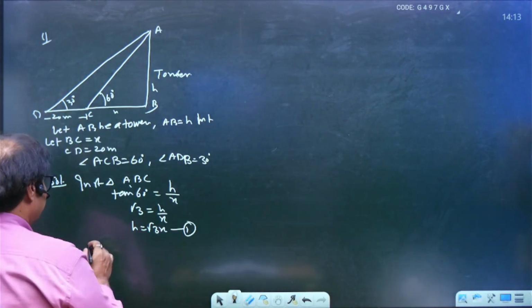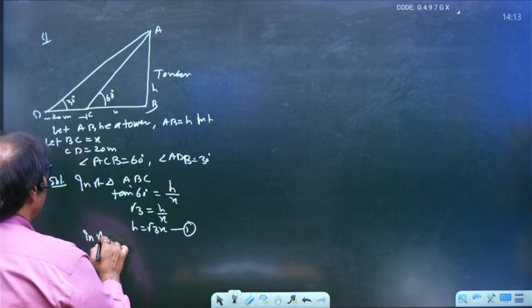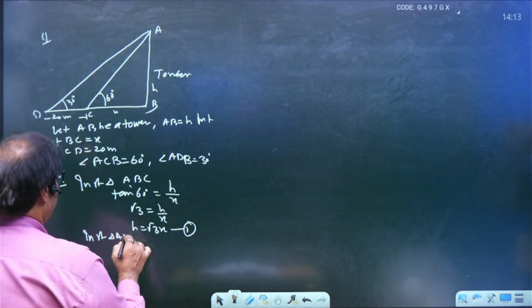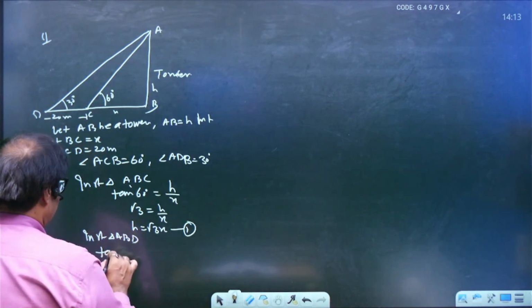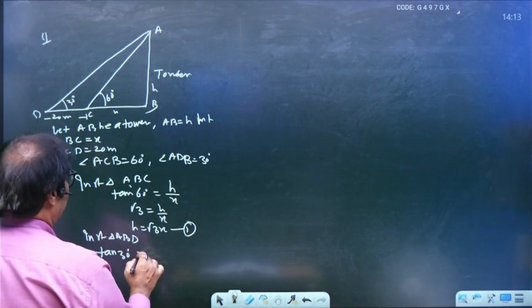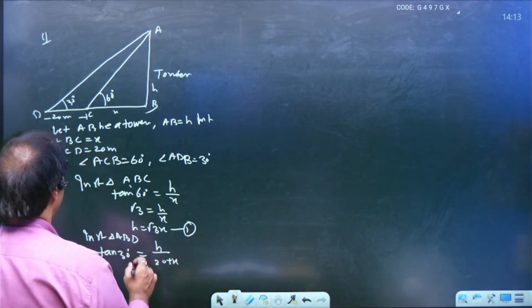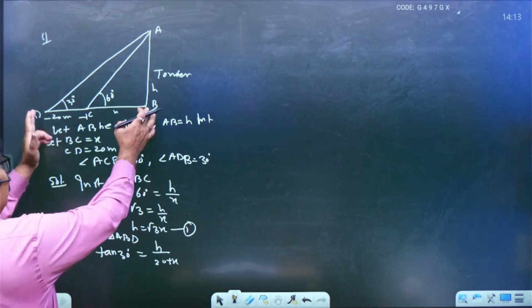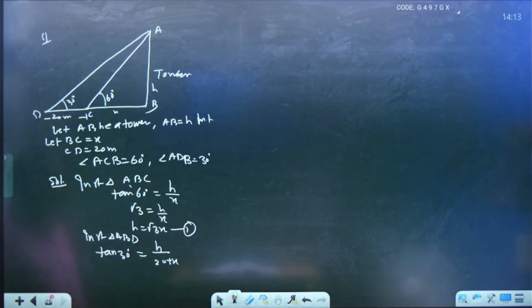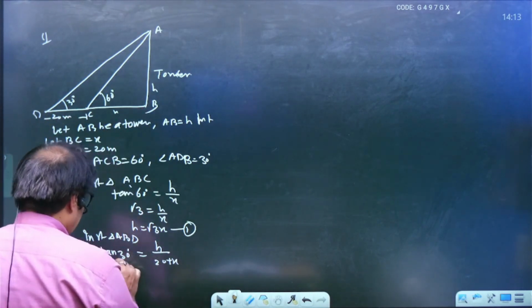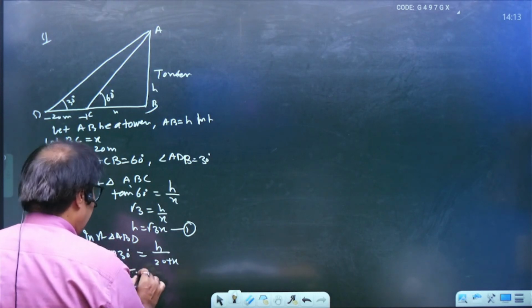And now move to right triangle ABD. So tan 30 degrees is equal to h upon 20 plus x. This is 20 and this much is x, so the total will be 20 plus x. And the value of tan 30 is 1 by root 3.